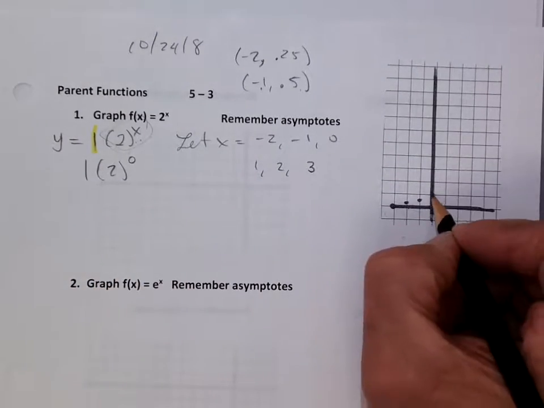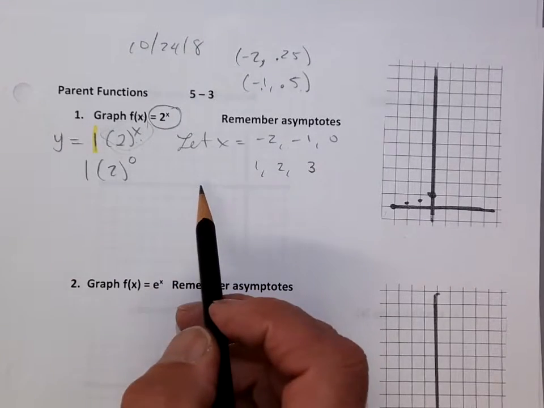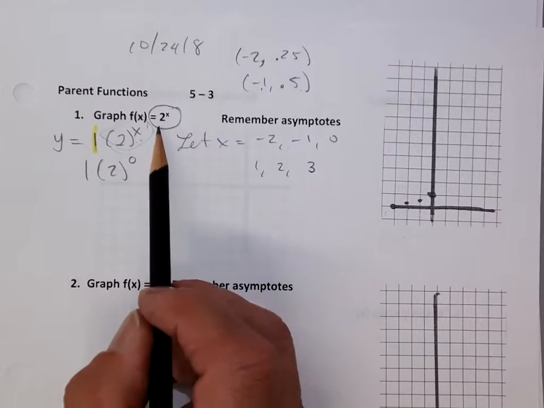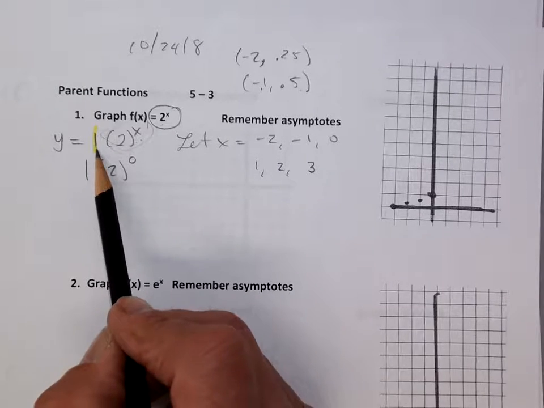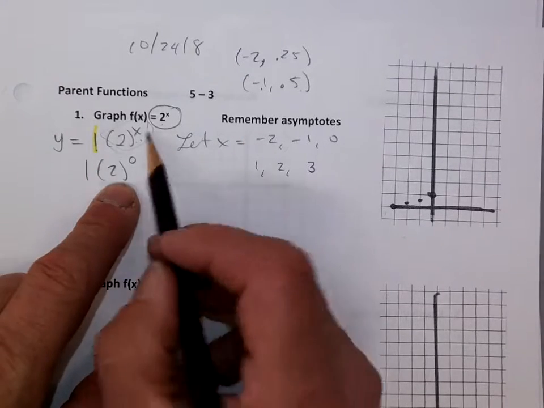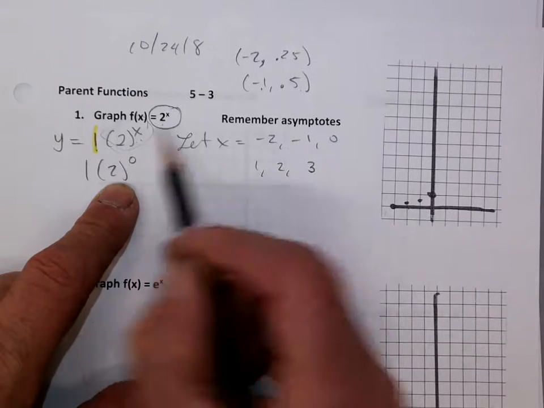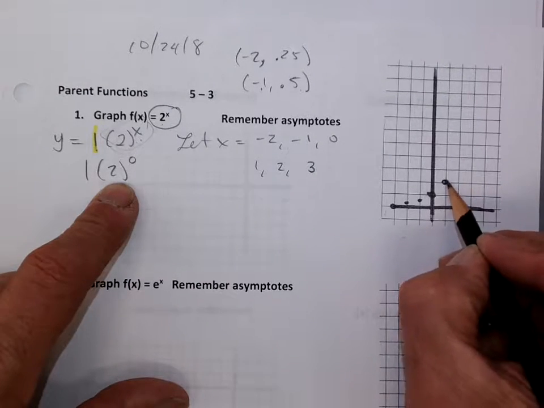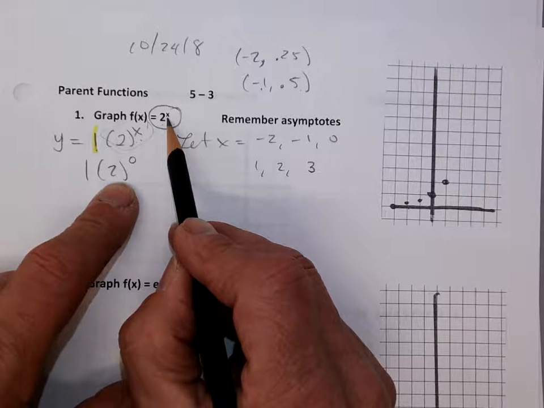Now, these exponential graphs will always go through not the 2, but the number in front of it. We'll see those variations later. Now, if I plug in 1, 2 to the 1 power is 2. If I plug in 2, 2 to the 2 power is 4.